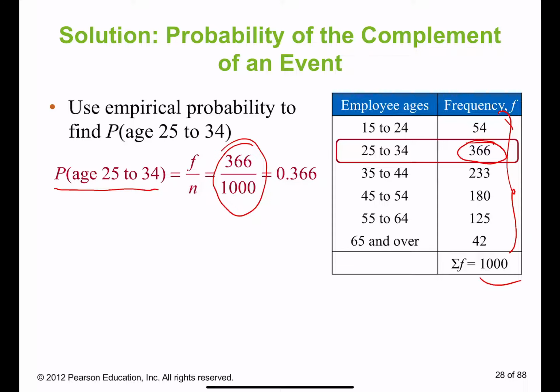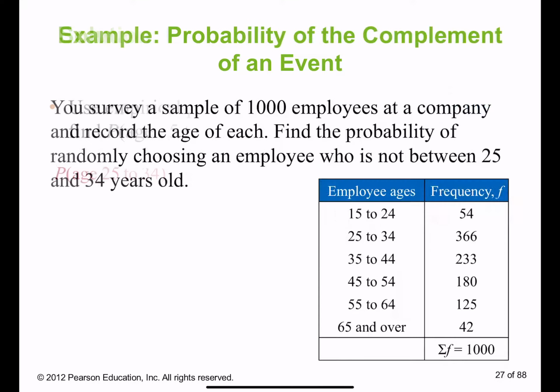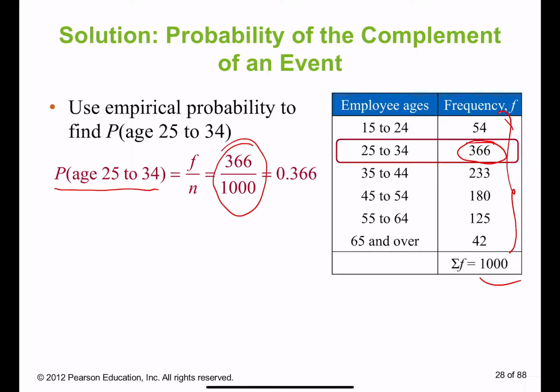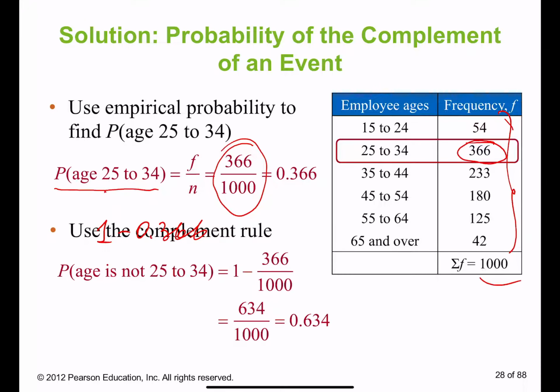But we are interested in the ages that are not between. The ones that are not, it's going to be 1 minus 0.366, right? Here it is, 1 minus 366 over 1,000. And the answer will be 0.634.